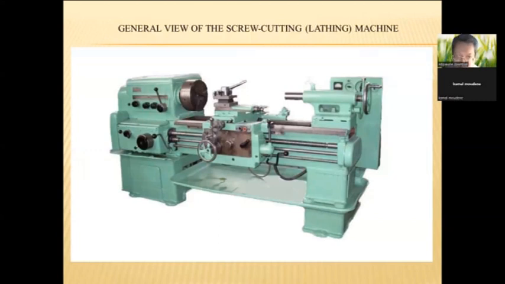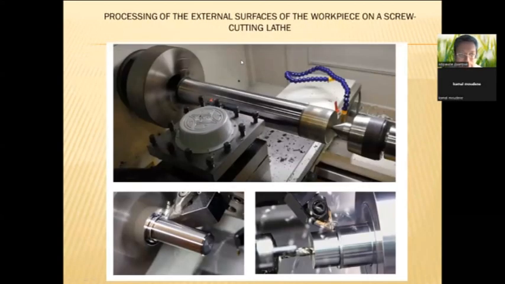In the next slide you can see the general view of the screw cutting lathe machine. Processing of the external surfaces of the workpiece on a screw cutting lathe. You can see a workpiece.